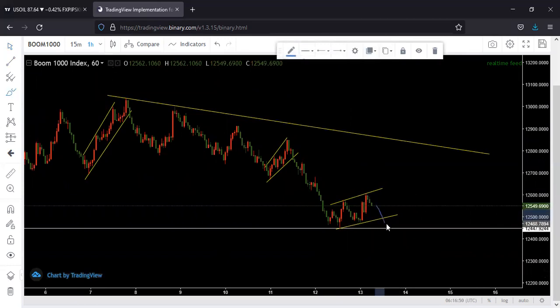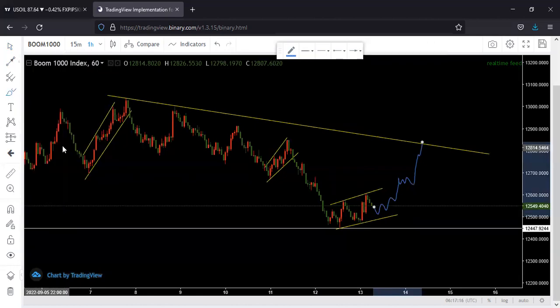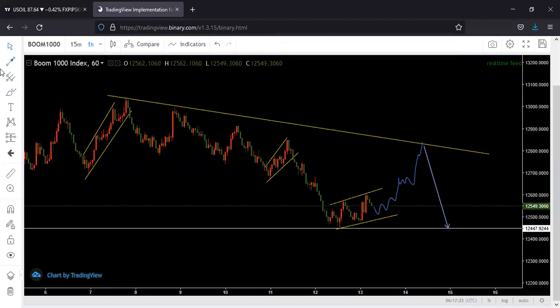If this price manages to break to the downside, then we shall be looking for the selling opportunities. All right. And if it won't break this price, then we shall be looking for the buying opportunities. Then maybe around this price level, we shall be looking for the selling setup. So you have to forecast the market and keep in mind that everything can happen. All right. So this is what we keep simple and clear.